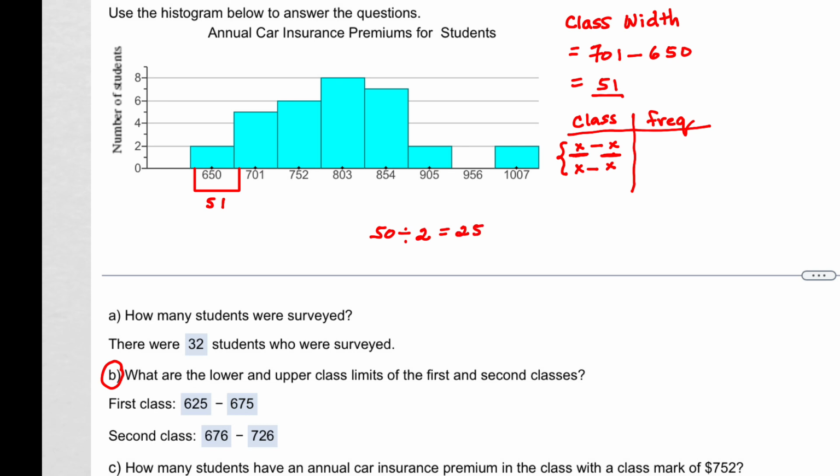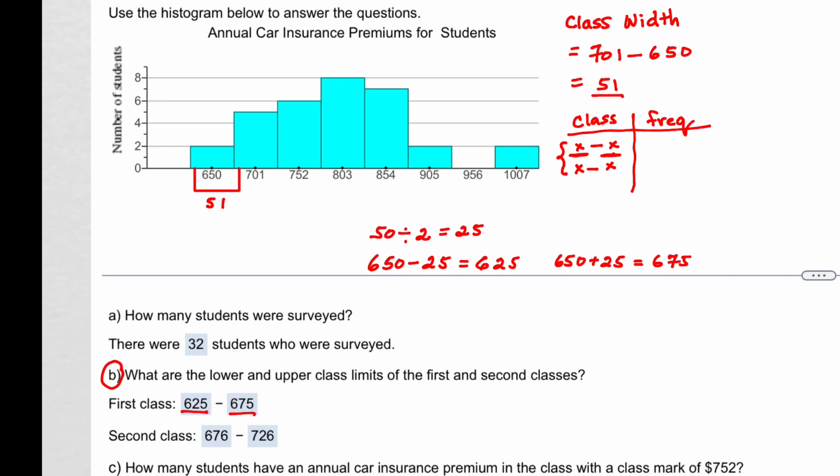So the lower class limit for class 1 is going to be 650 minus 25, and that gives me 625. And that's what we have here. 25 above 650, so 650 plus 25, gives me 675. And that's my upper class limit for class 1.